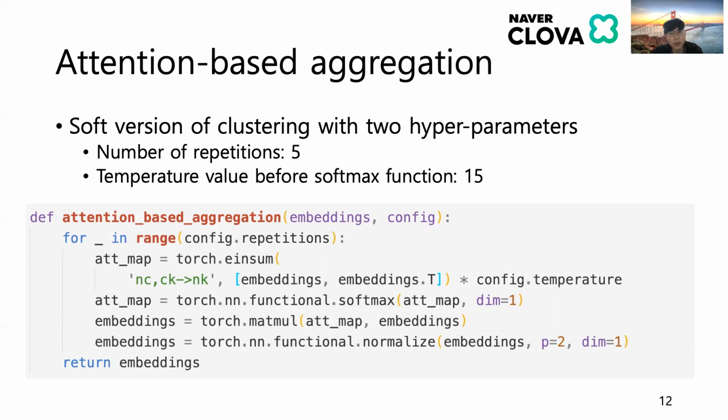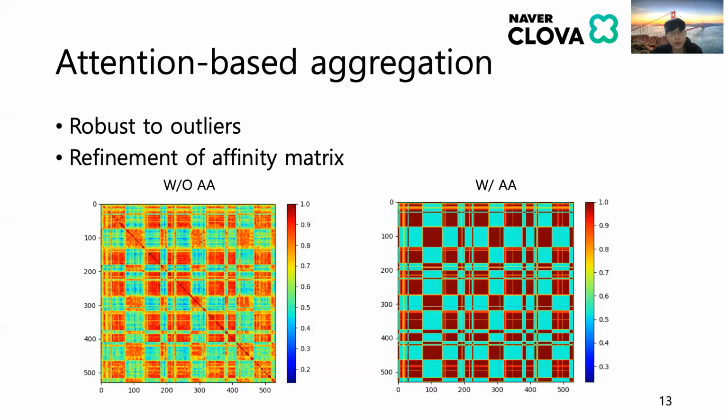There are two hyperparameters in this technique. The first one is the number of repetitions, and the other one is the temperature value before the softmax function. We fixed these two values as 5 and 15 respectively. We expected that the attention-based aggregation technique would make speaker embedding robust to outliers and refine the affinity matrix.